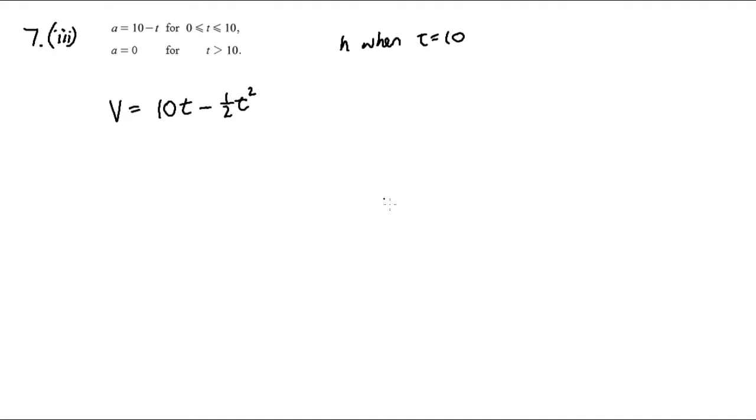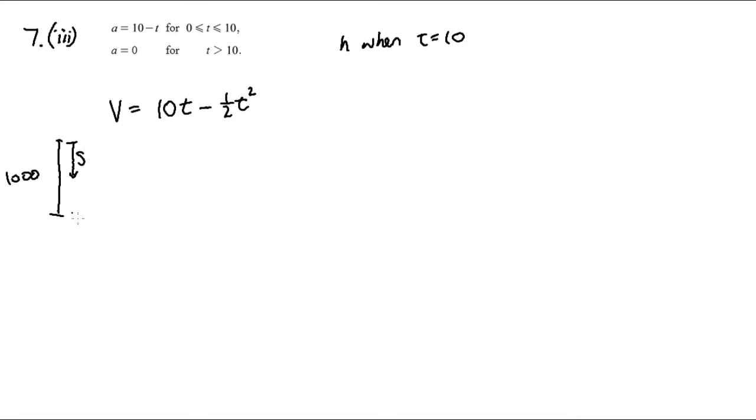So we need to find the horizontal height between t is 0 and t is 10. We know that the velocity of the box is this expression, and because it's falling from 1000 meters or 1 kilometer, if we integrate this expression, we get the displacement from the top to the bottom.